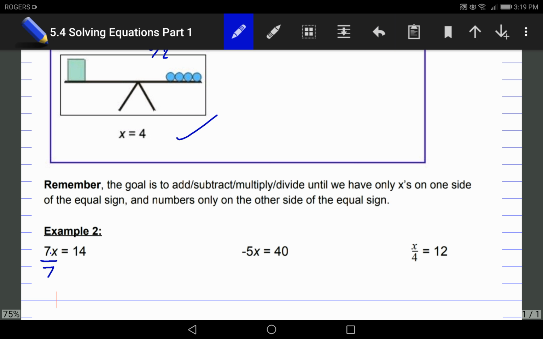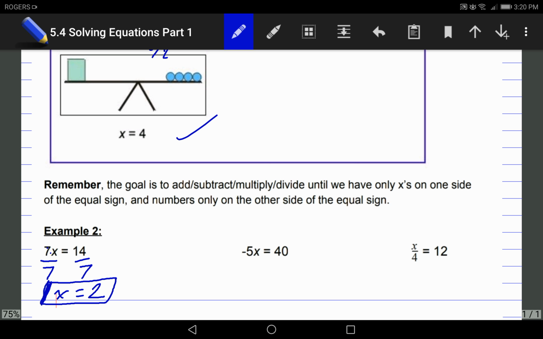Opposite is divide by 7, but whatever you do to one side, do to the other. 7 divided by 7 just equals 1x equals 14 divided by 7 is 2. I'm going to stop writing the 1x now. I'm going to just start writing it as x. So please make note of that. I think we've looked at that enough where we should hopefully get the idea that 1x is the same as x.